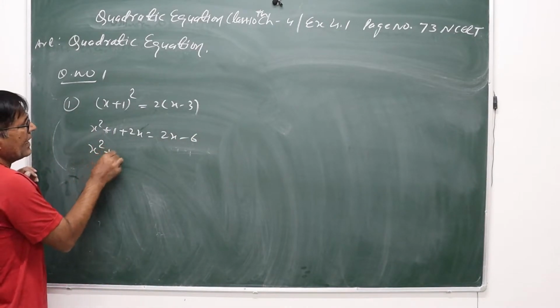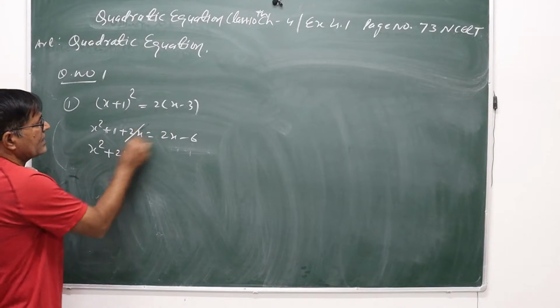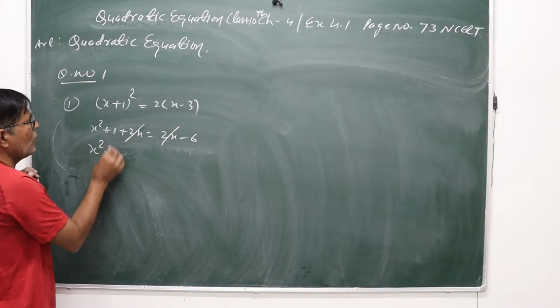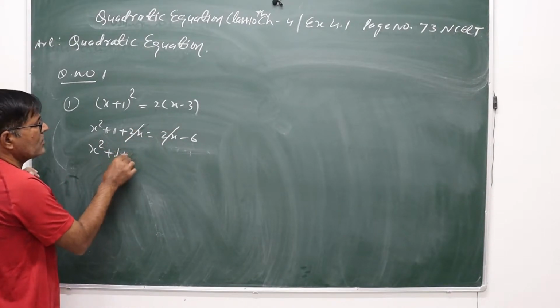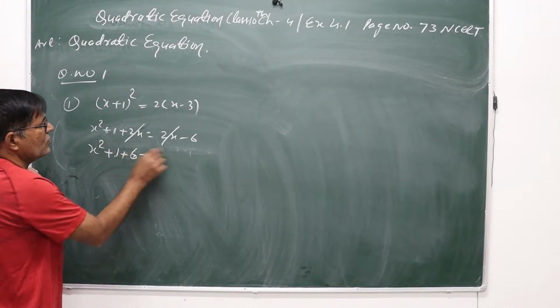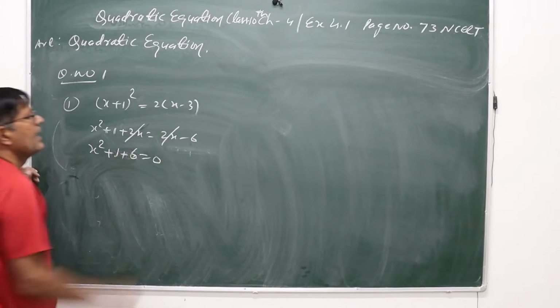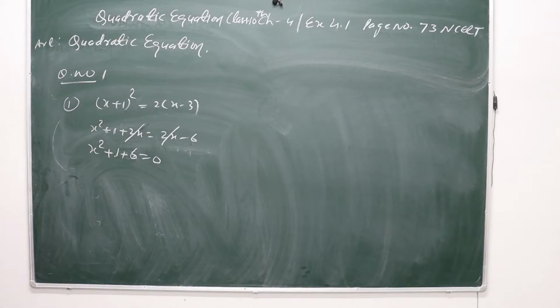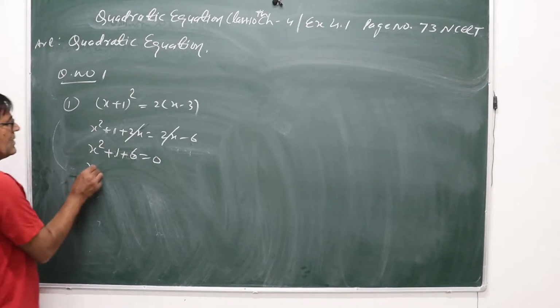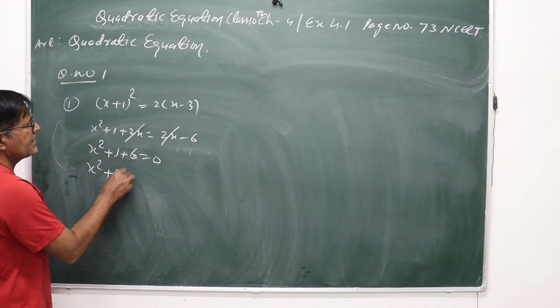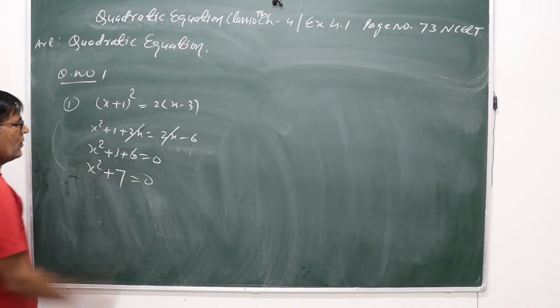Now x square plus 2x, this 2x will be cancelled out by 2x. So x square plus 1 plus 6 is equal to 0. This minus 6 will be transferred to the right side, then it will be plus. So x square plus 7 is equal to 0.